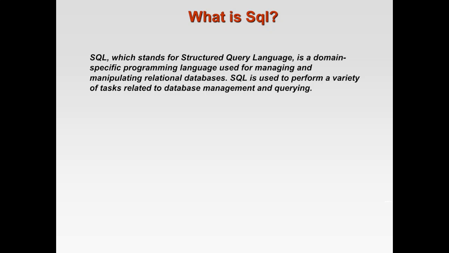Then to get the data from those relational databases, we have the language called Structured Query Language, which basically retrieves the structured data. Because any database which follows the RDBMS concept will always store structured data. Structured data means in a tabular format. And this is the language which we use for querying the data.